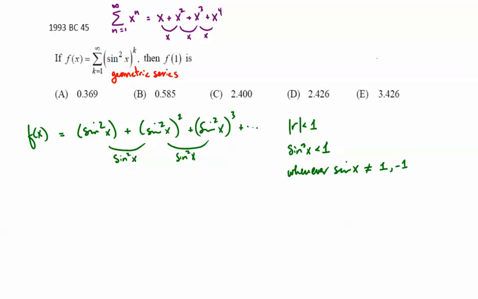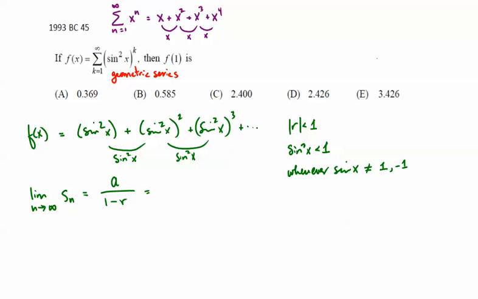However, we do know that a geometric series, when it does converge, in this case for x equals 1, it will converge, will be the limit as n approaches infinity of the nth partial sum, which is a over 1 minus r.